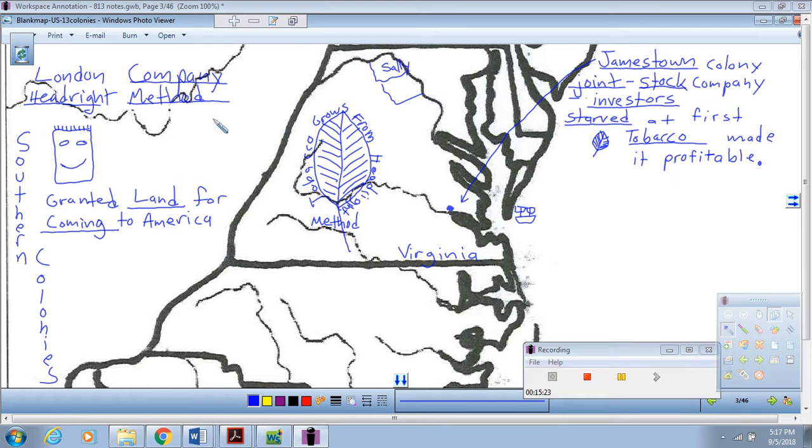Now, this system of paying for the passage of others from England to the Americas, or also from another country, but expecting them to work it off, is known as the system of indenture. And those that come over are called an indentured servant.